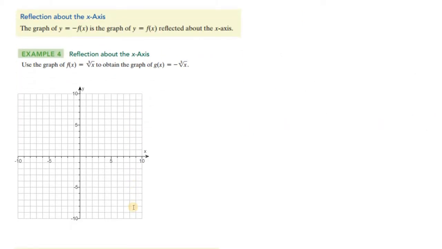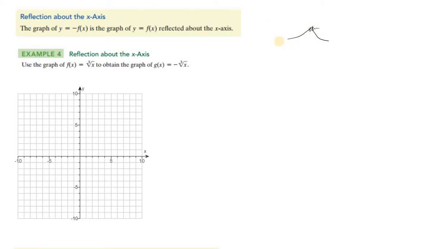Okay, reflection about the x-axis. The graph of y equal to negative f of x is the graph of y equal to f of x reflected about the x-axis. Okay, so thinking about something like, I don't know, maybe a mountain, Mountain Fuji.